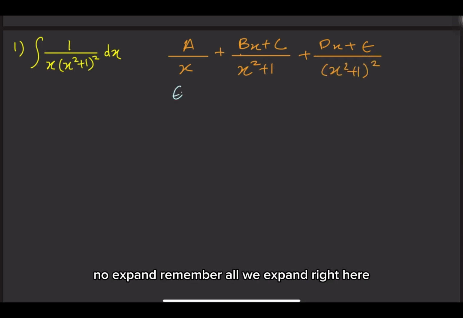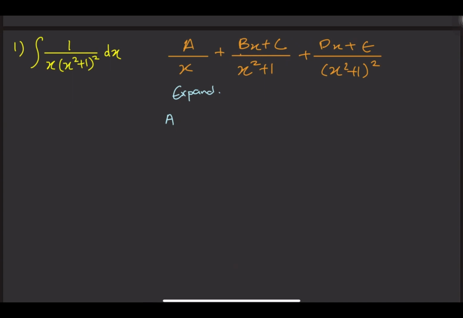Now expand, remember, always expand. Here we get our A. Since A has x at the bottom, comparing here and here, A is missing x squared plus 1 squared. So we will use (x squared plus 1) squared plus (Bx plus C).